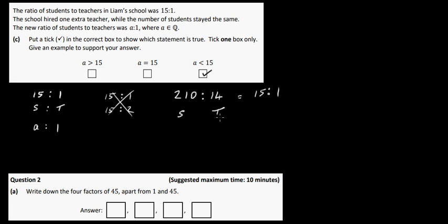Now if you increase the number of teachers by 1 here, you would have 210 students, and now you would have 15 teachers. The ratio now becomes 14 to 1. So you can see here that the A part of the ratio decreases from 15 to 14. So A will be less than 15. So this would be an example here.